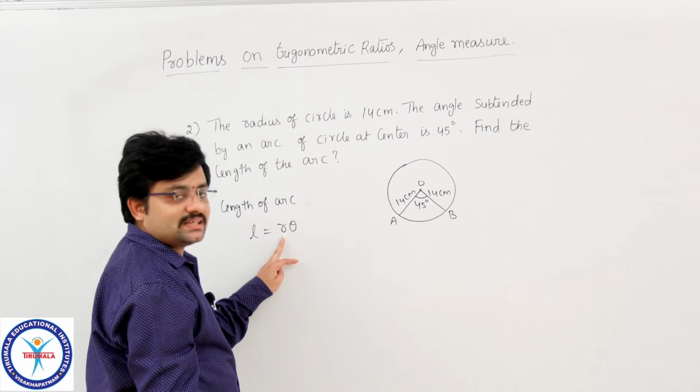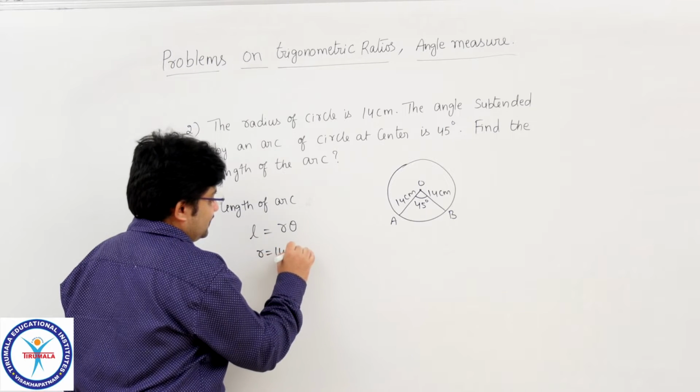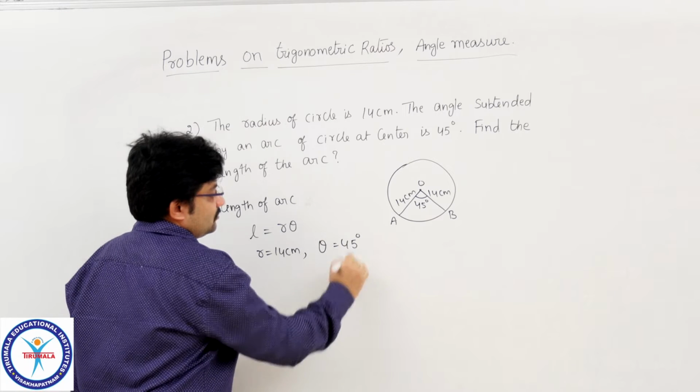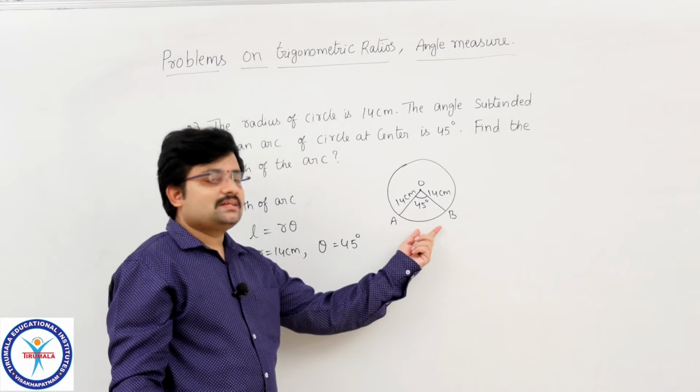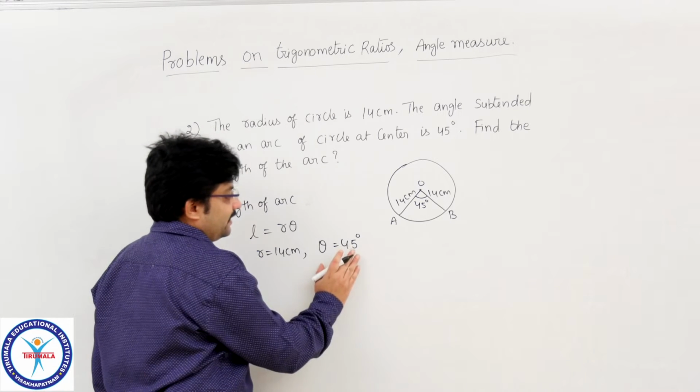Given R is the radius of the circle, R is equal to 14 centimeters, theta is 45 degrees, but the angle is measured in radians, so theta should be in radians.